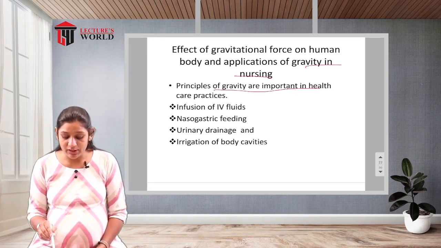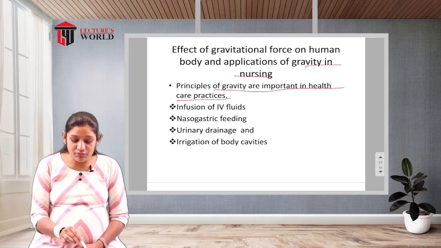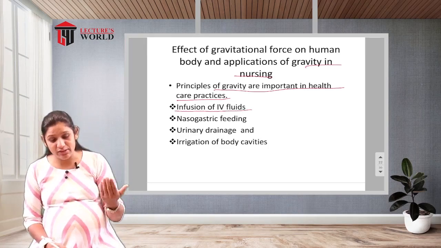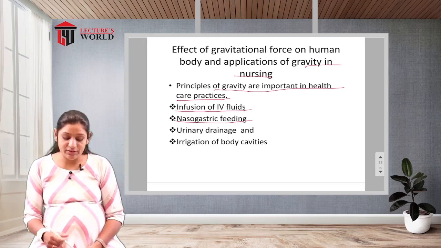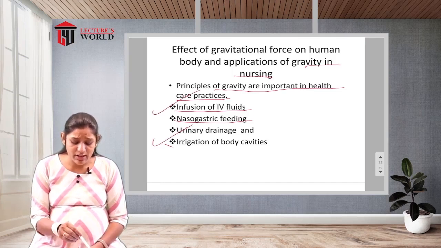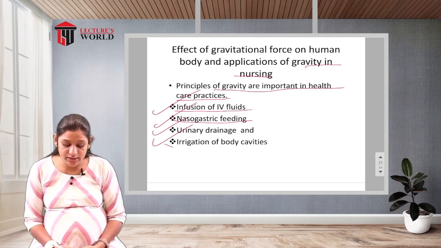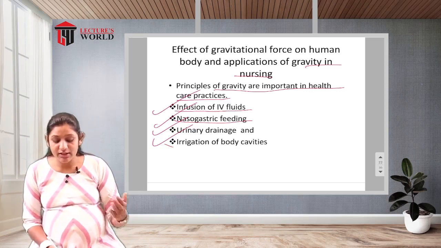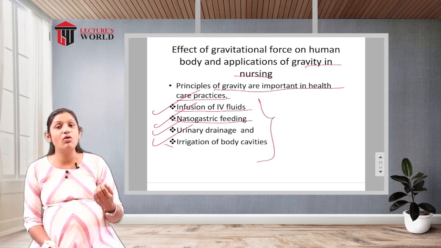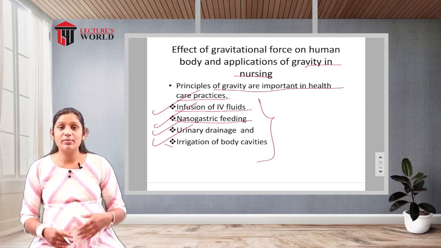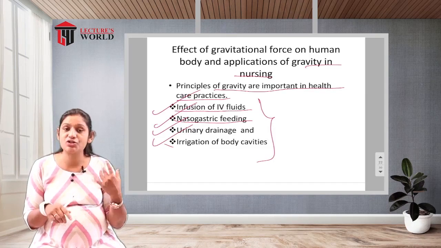The principle of gravity is important in healthcare practices, like infusion of IV fluids, nasogastric feeding, urinary drainage, and irrigation of body cavities. In these conditions, you understand all these things, which are very basic. I hope you understand well, being post basic students. You already have knowledge about IV fluids, nasogastric feeding, urinary drainage, and irrigation of body cavities.